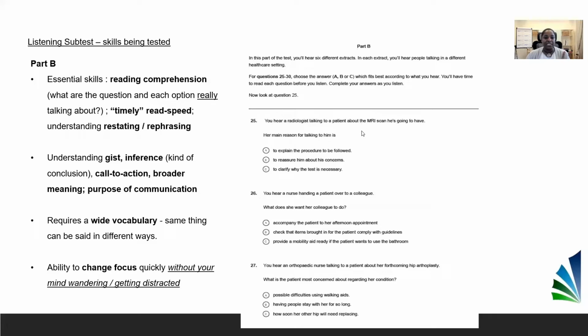And that is 12, 15 seconds to read each, not to read all 6, to read each. So they'll read out this and they'll say, now read the question, and then you've got 15 seconds. So again, you need to be able to read and absorb quite quickly what's going on.